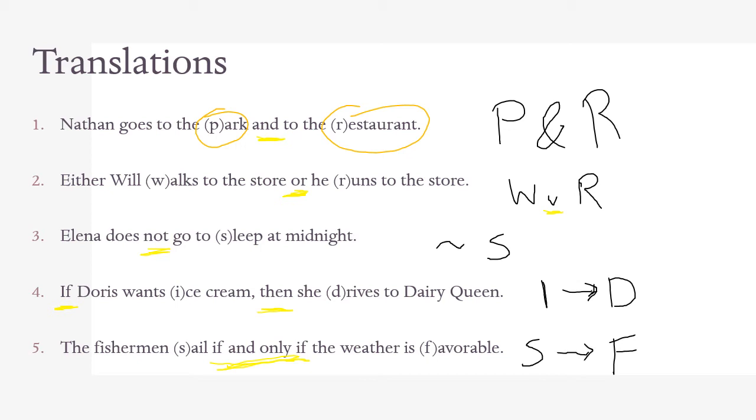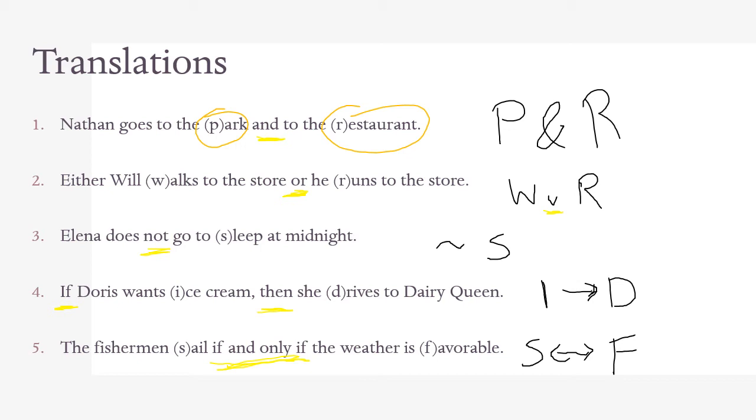It's called a biconditional. And so in this statement, we're going to symbolize it using the biconditional. And we have our two propositions, the fisherman's sail, and then we also have the weather is favorable, represented by the F. And so that's going to be how we symbolize that fifth sentence.